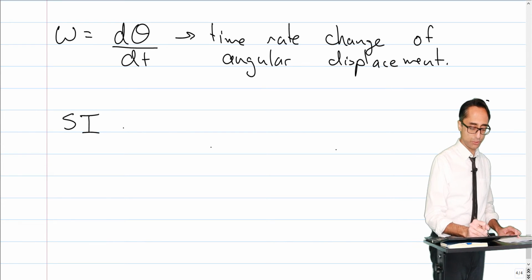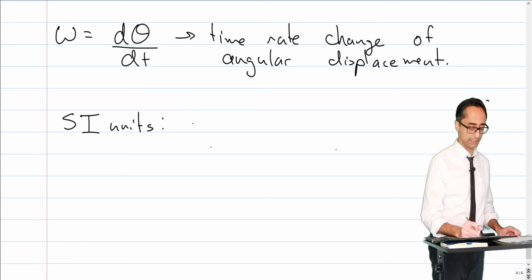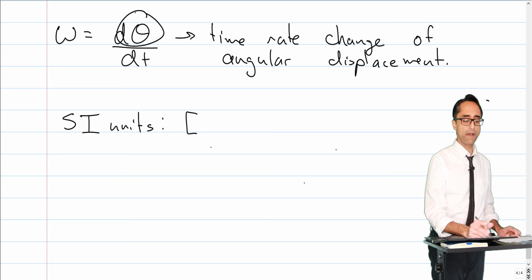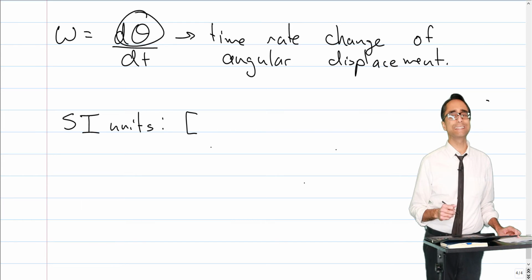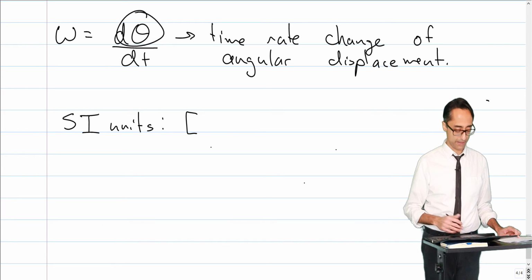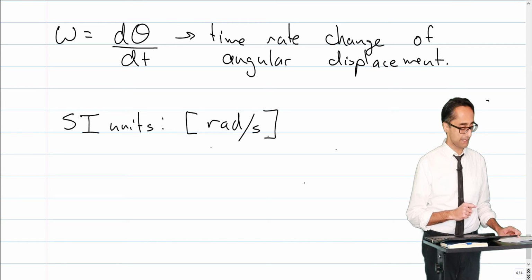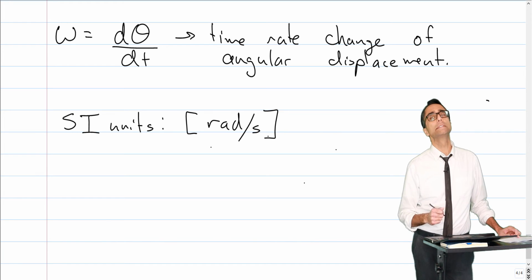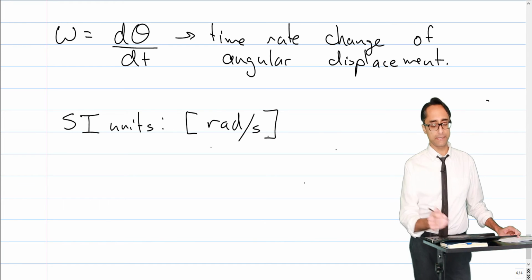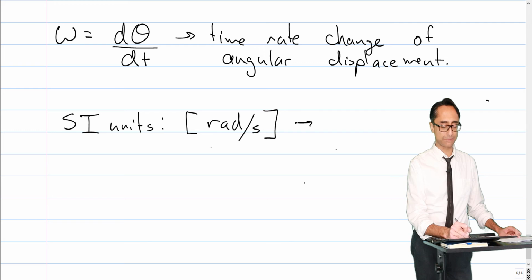But the SI units for angular velocity, well, clearly we have a change in displacement divided by a change in time, or radians per second. And it's usually written like that. Sometimes people will write it without the radians, because radians really is not technically a unit.